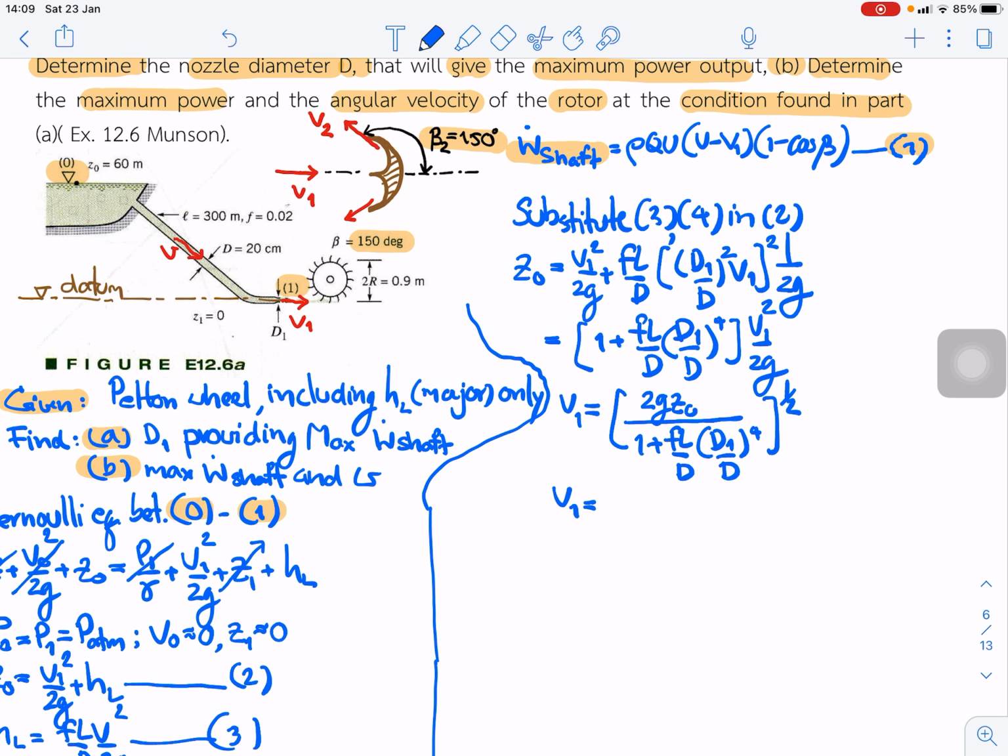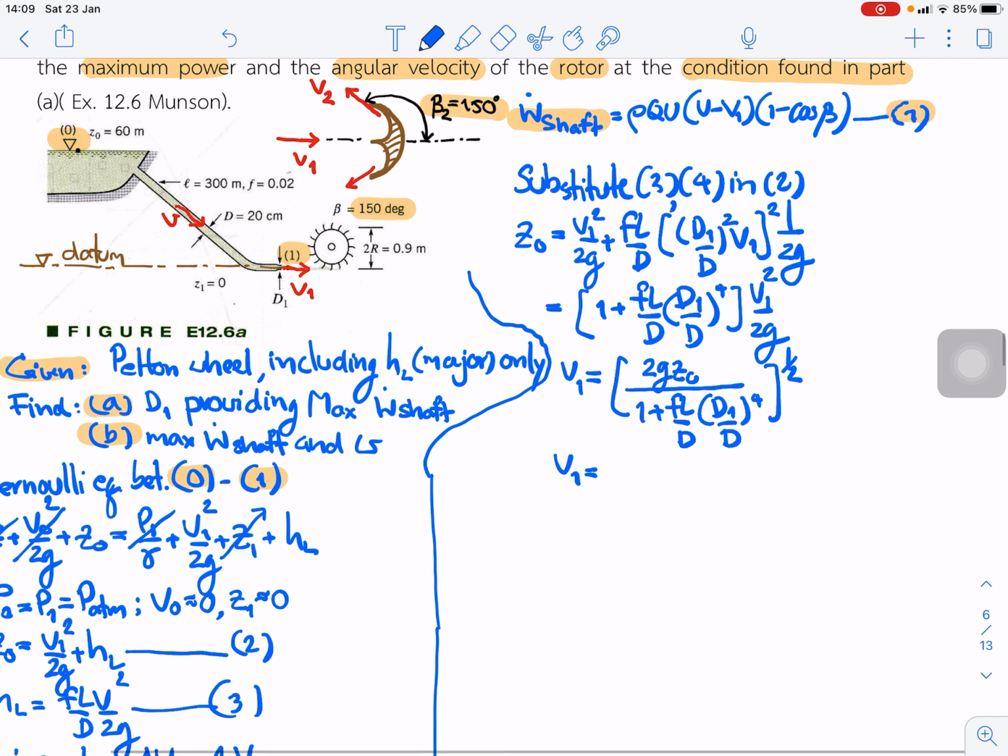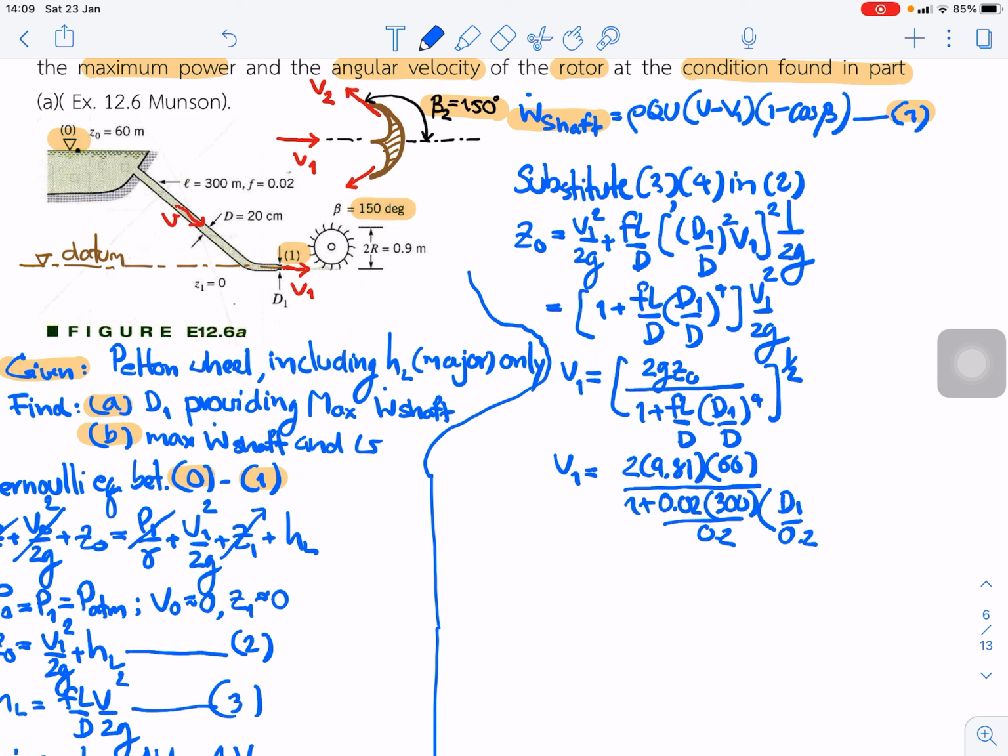Next we can substitute some numbers in this equation. Z0 is 60. In this case, given the friction factor is 0.2, the length is 300, the pipe diameter is 0.2, and D1 is 0.2.